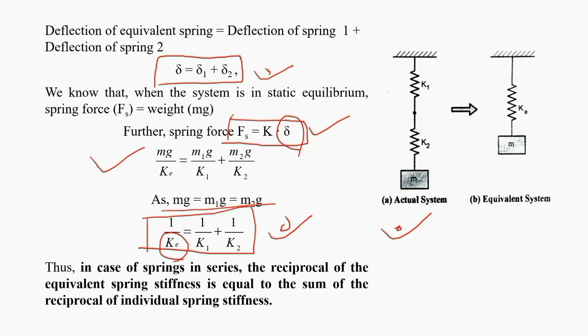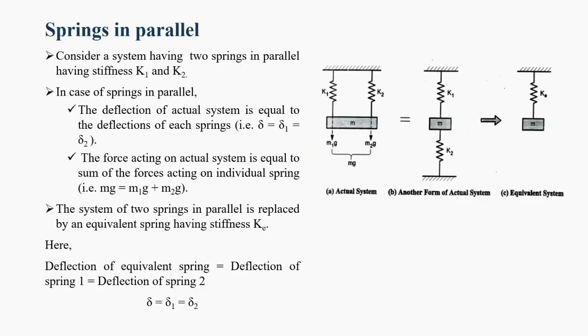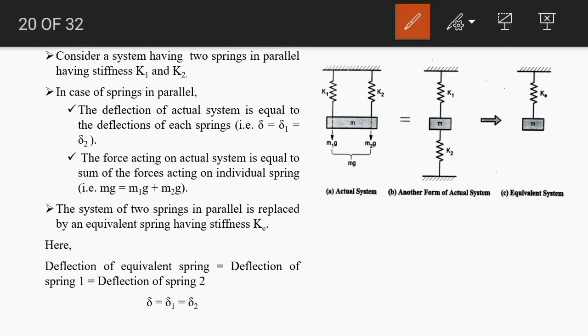Now our next case is two springs in parallel. In this case, this is our actual system. Here we can see two springs in parallel having different stiffness k1 and k2. The mass is suspended on these springs.